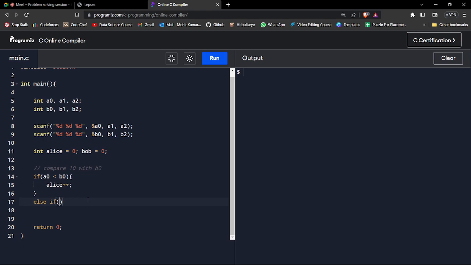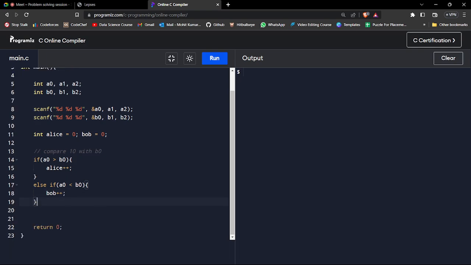No, we got it wrong here. That is, if a is greater, then Alice will be getting the point. Else if a is less than b0, in this case who will be getting the point? Bob, right? So we have compared the values of a0, b0.